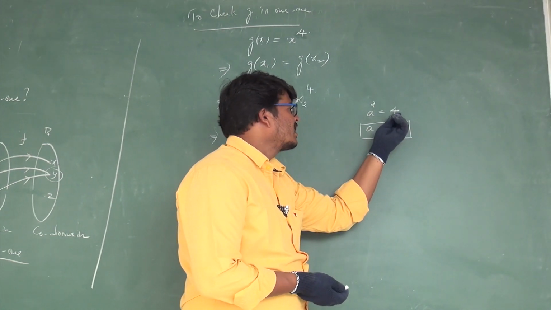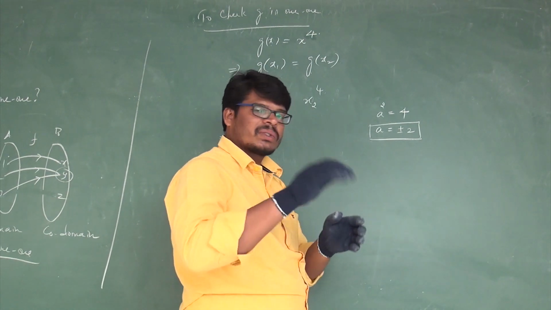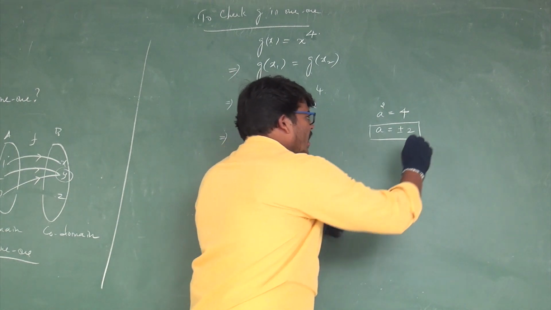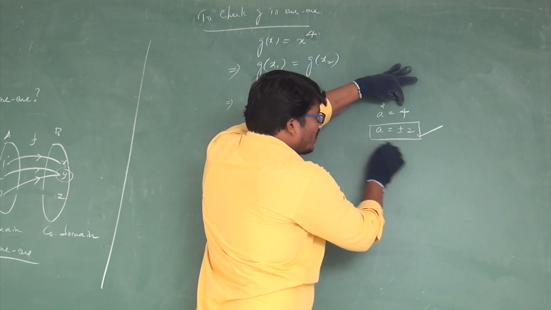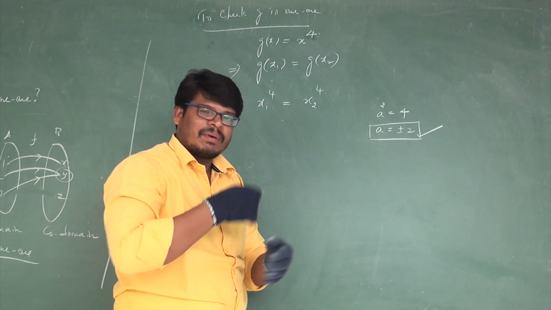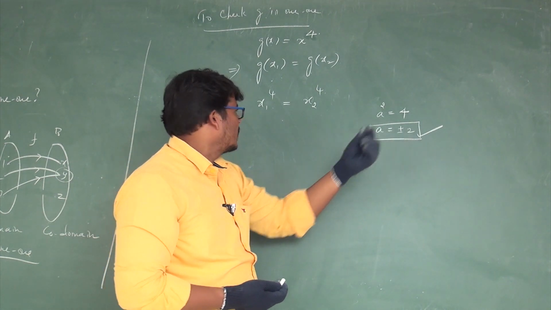Here both minus and plus values are possible: minus 2 whole square is plus 4, plus 2 whole square is plus 4. There are two possibilities. With an even power of x, we get two possible values, plus or minus.